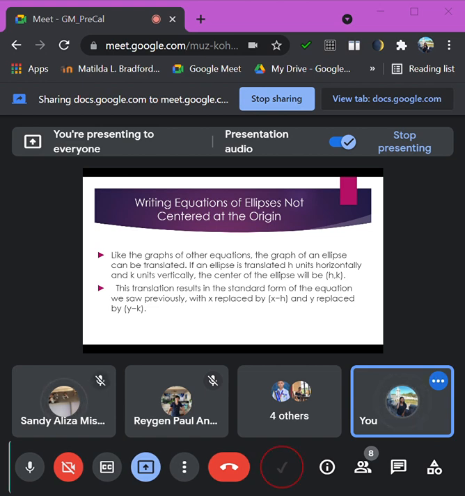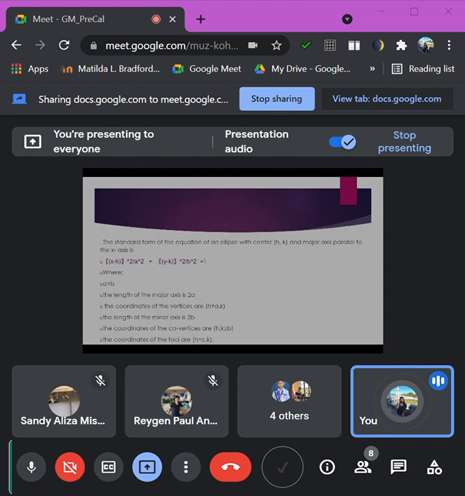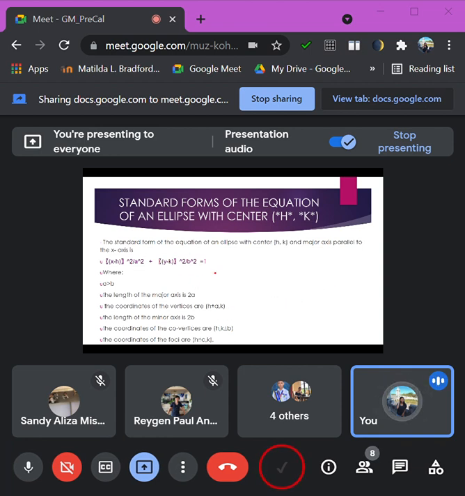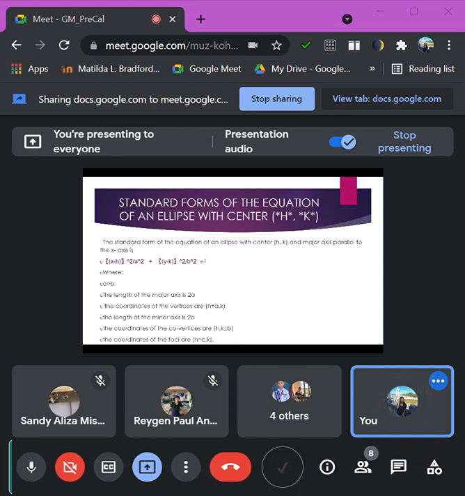Okay. Sige. Now, this time is medyo libog siya in terms of graph or sa equation. So, maybe ako lang siyang i-write sa Jamboard para mas ma-identify ninyo og maayo. Okay, so you have there the standard form of the equation of an ellipse with center HK and the major axis parallel to x-axis.